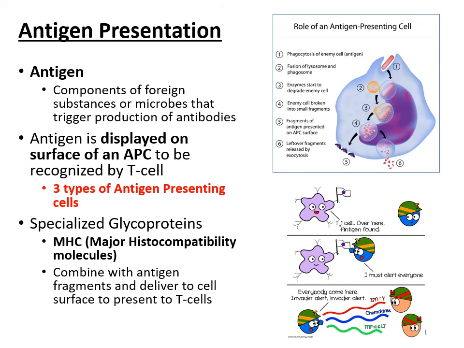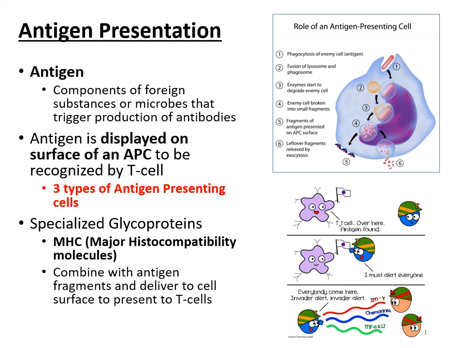So that your white blood cells can now see that's the bad guy, okay? So antigen presenting cells will hold out a piece of the pathogen to tell the rest of your white blood cells, this is the guy I want you to go after.